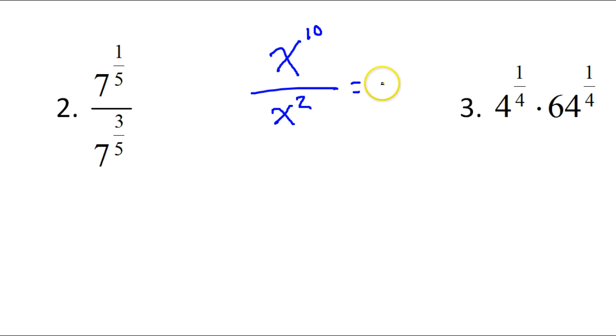We learned that this would be x to the 8th power because we can subtract. When you divide with exponents, you subtract: 10 minus 2 is 8. Or we could look at it as canceling. But for what we're doing now, we really need to look at this as 10 minus 2. Okay, so we will do the same thing now.